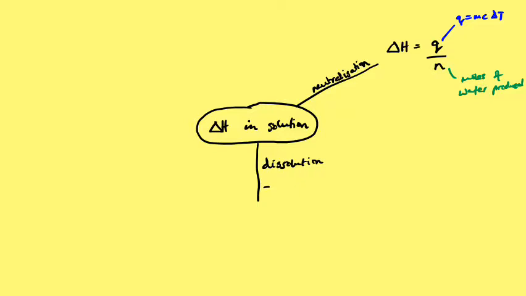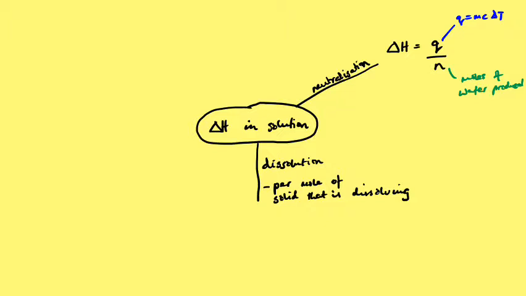So the standard enthalpy change of a dissolution reaction is per mole of solid that is dissolving. Okay, so it would be the heat given out or taken in, could be either, in a dissolution reaction. So it's the amount of heat given out or taken in per mole of the solid that you're dissolving in the solvent like water.